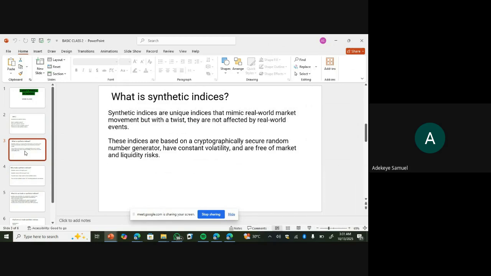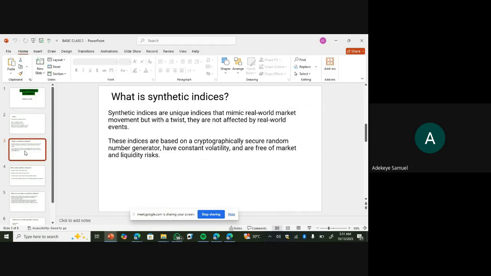These indices are based on a cryptographically secure random number generator, have a constant volatility and are free of market and liquidity risk. Like I said, they are cryptographic. What do I mean by cryptographic?